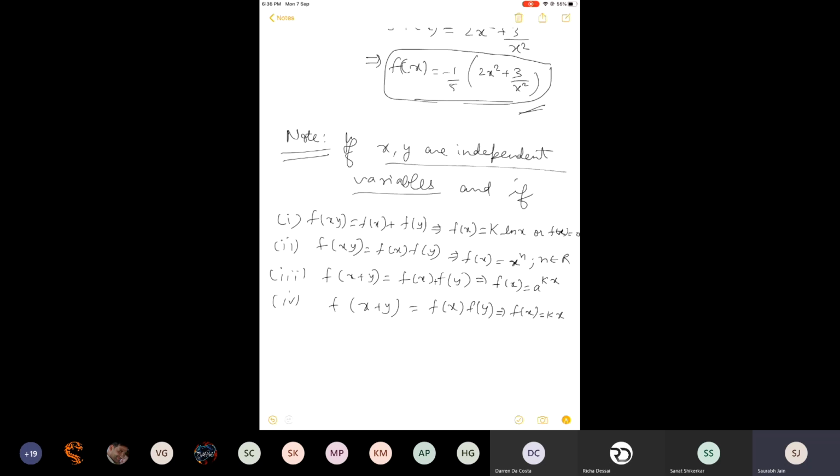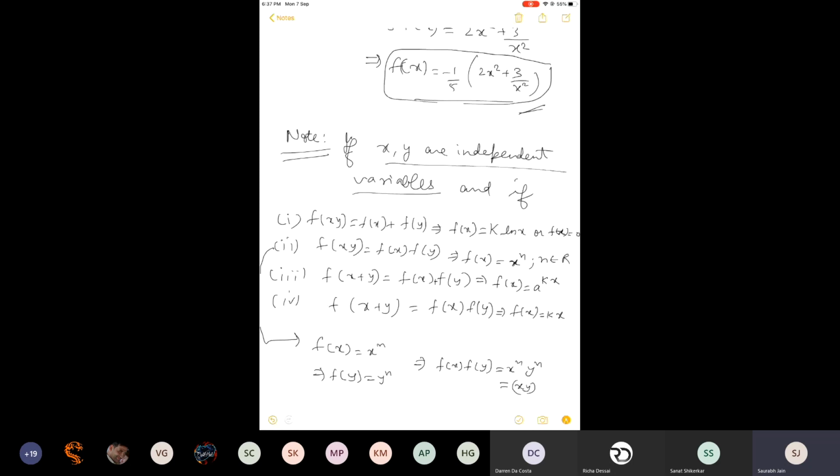Let us check, for example, the second one. If f(x) is x to the power n, this implies f(y) is y to the power n. If you multiply these two, it will become x to the power n, y to the power n, which is (xy) to the power n.